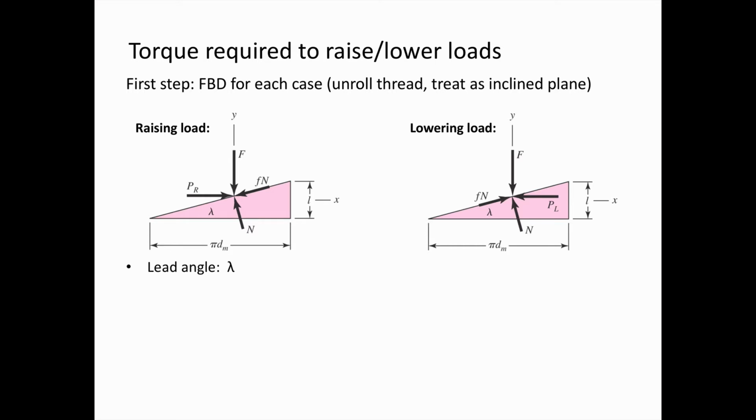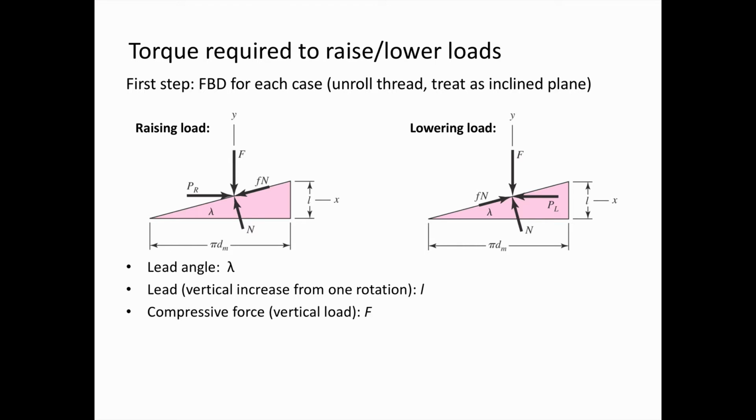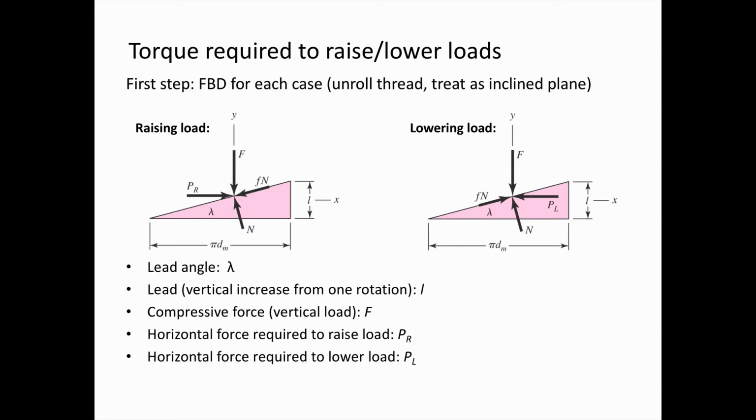And the lead of the power screw is the vertical dimension of this triangle. One way of thinking of it is, the lead is how much the nut will move vertically when we turn the screw one rotation. F is the compressive force from the vertical load. As I mentioned before, P sub r is the horizontal force required to raise the load.